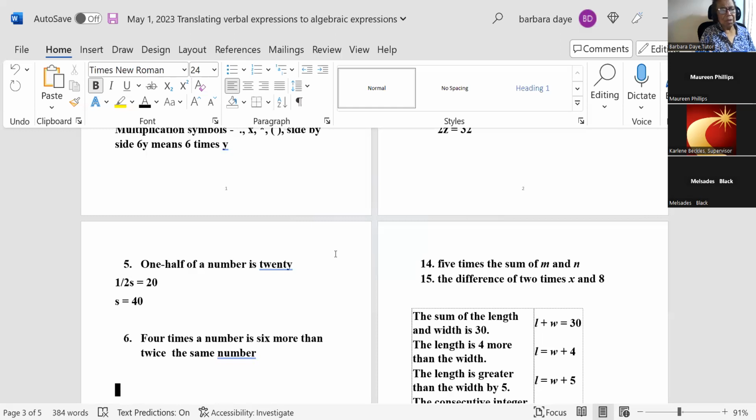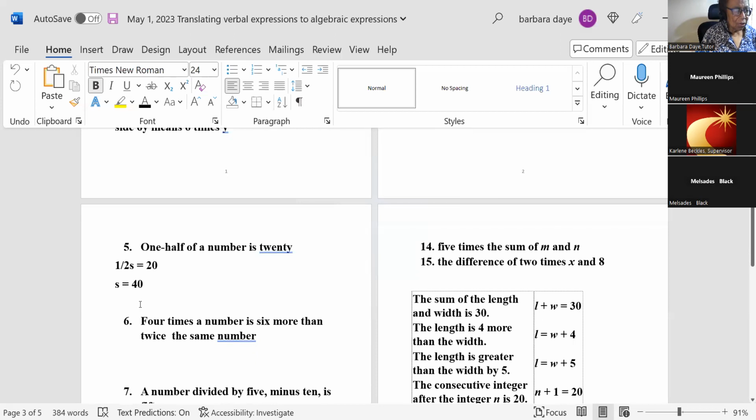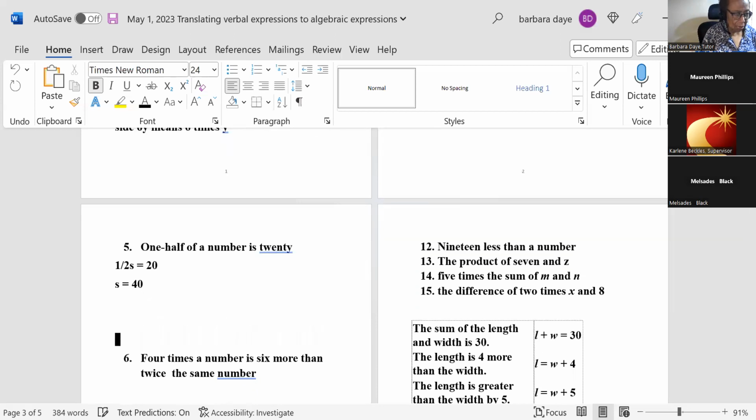No, you're right. The expression does not have an equal sign, Mercedes. The last one you missed, you should have said expression. Expression does not have an equal sign. Let me just make sure that's clear to you.